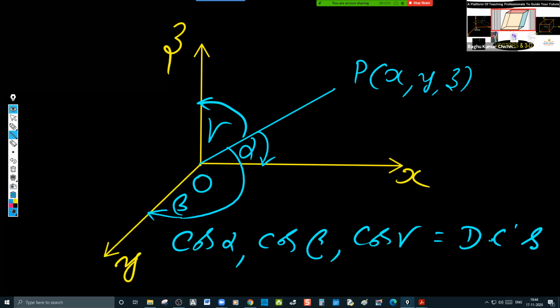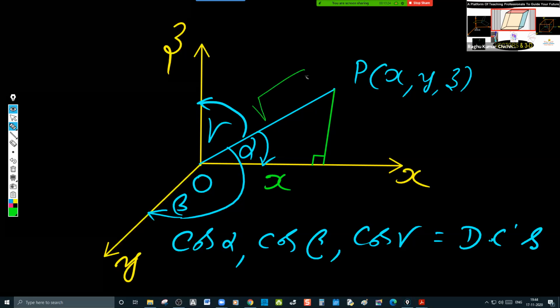If you drop a perpendicular from P onto the x-axis, for example, like this is 90 degrees, and this is x, and this is OP. OP is the distance between O and P. It is nothing but root over x square plus y square plus z square.